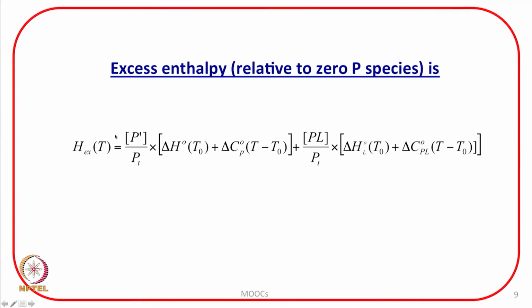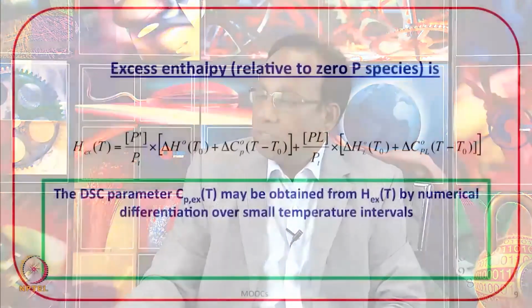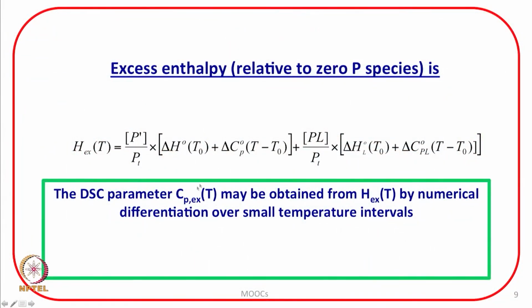If we have an expression for excess enthalpy, we can also convert it to excess heat capacity by its differentiation. So, that is what is mentioned in this comment. The DSC parameter Cpx, which is excess heat capacity, may be obtained from Hxt by numerical differentiation over small temperature intervals.